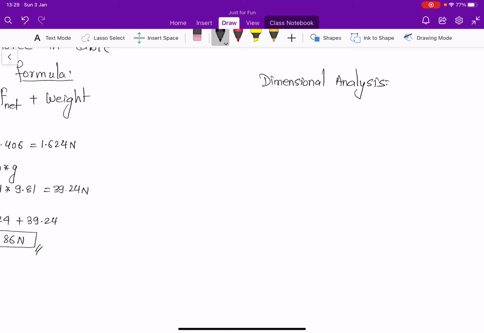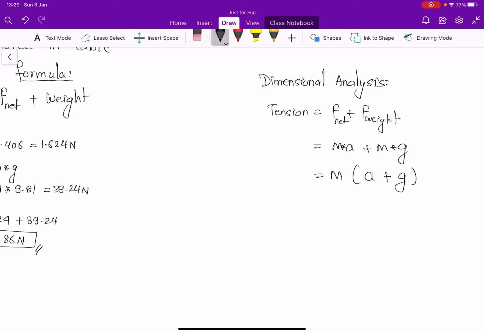So the relationship is tension equals force net plus force due to weight. So we have this relationship as ma, which is mass times acceleration, plus we have mass times gravity. Since mass is common, we can say m times a plus g.